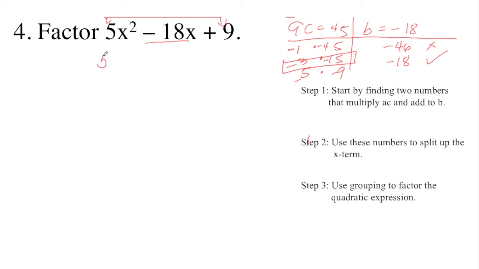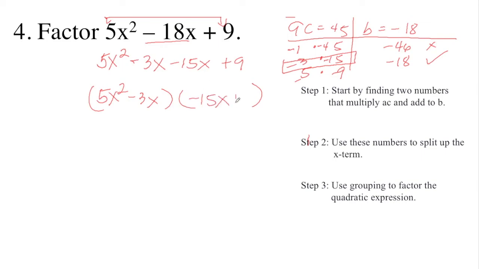So copy 5x squared, use minus 3, the variable is x, use minus 15x, and copy the last term. Group the first and second term together, 5x squared minus 3x. Third and fourth, negative 15x plus 9.